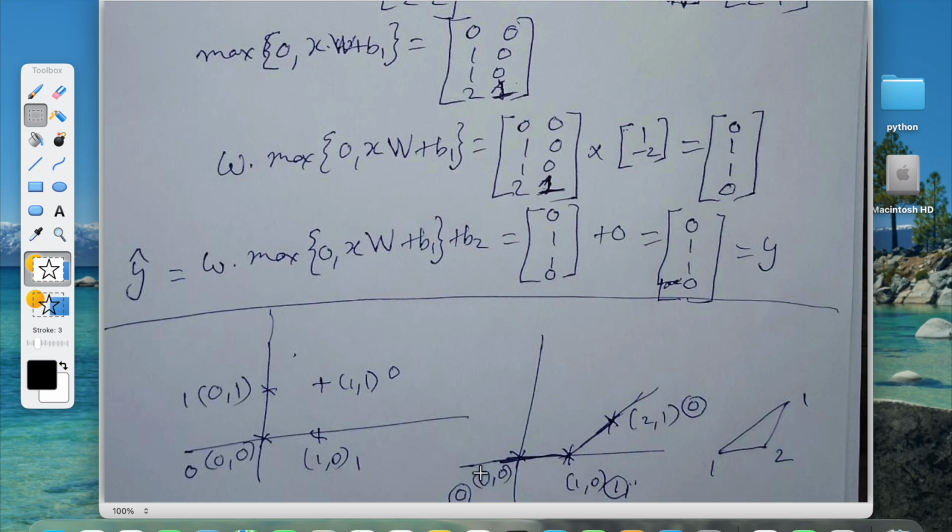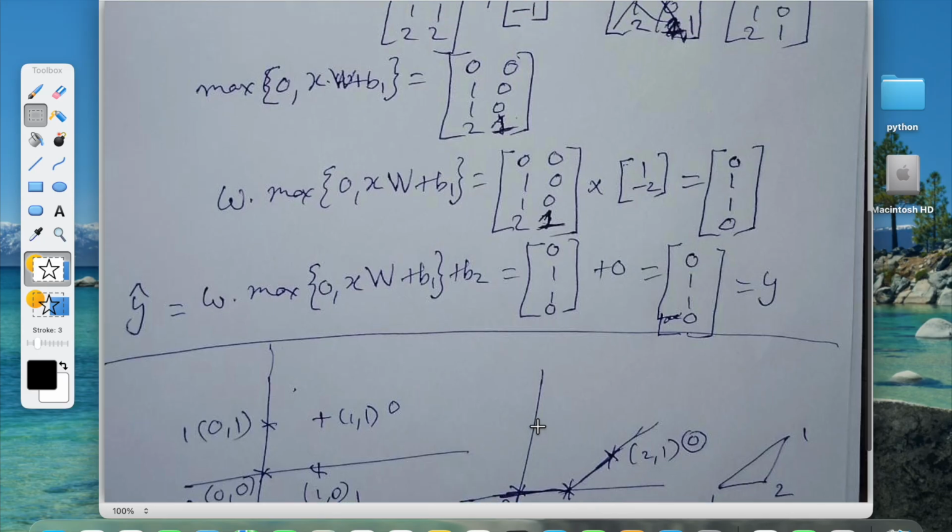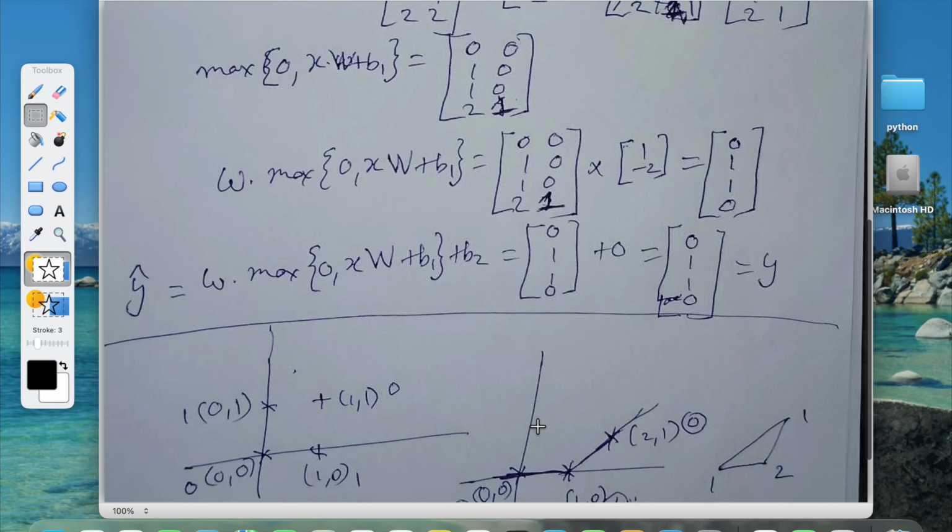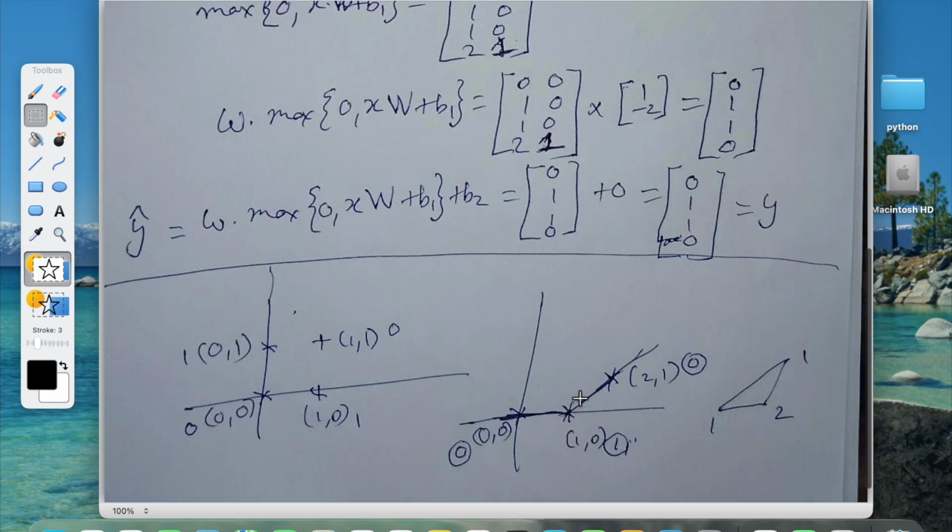So what it does is convert all the negative values. We had 0 minus 1, so it would be somewhere over here. What it did was convert it into a positive value, into 0 0. The value which would otherwise have been over here somewhere is shifted to 0 0.